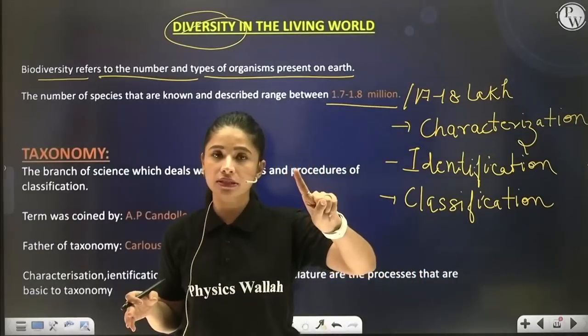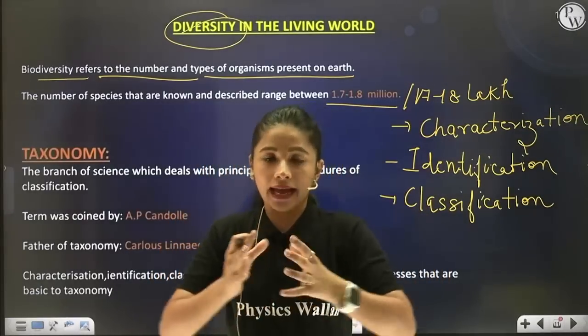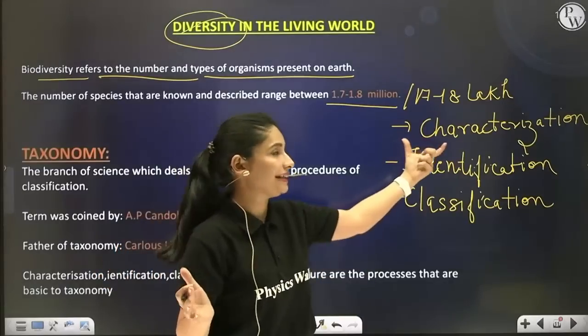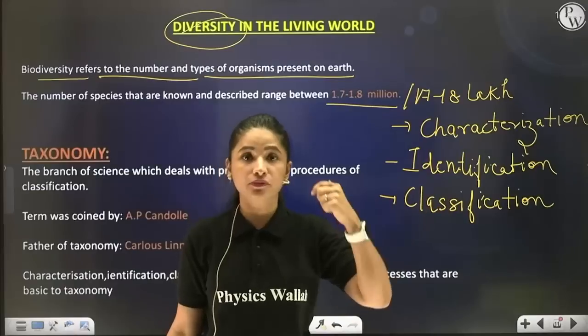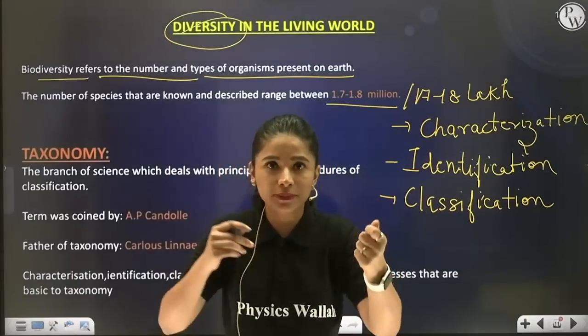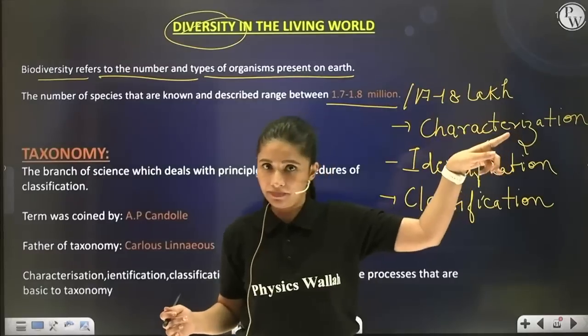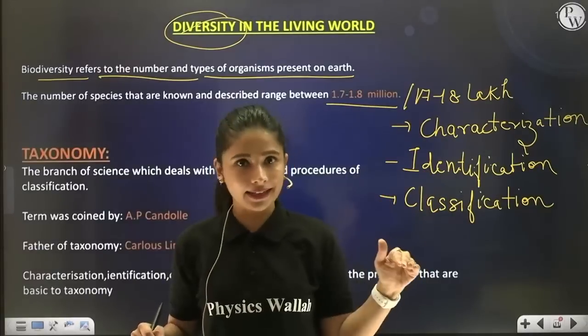What is the first step when you try to arrange a new organism, when you try to discover a new organism? So first step is to study their characters. Once you have studied the characters, once you have seen what is the arrangement of leaf, flower, fruit, etc., the next is to identify. And then third is to classify them into convenient categories.